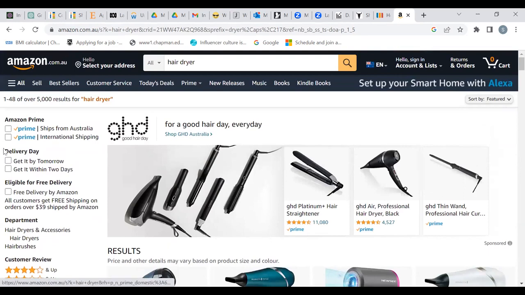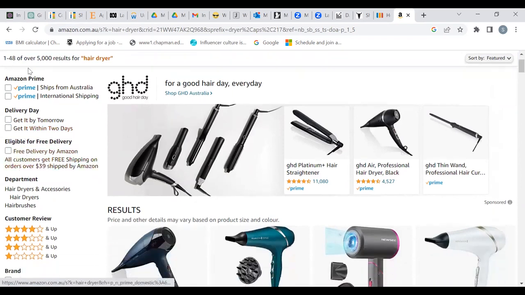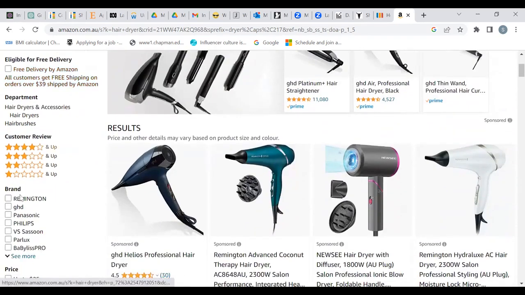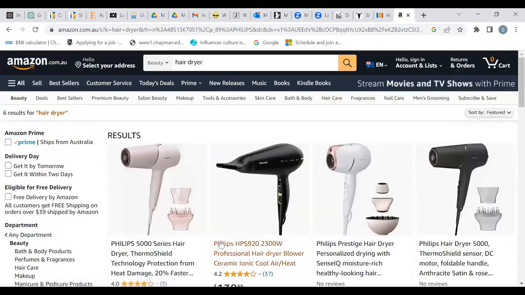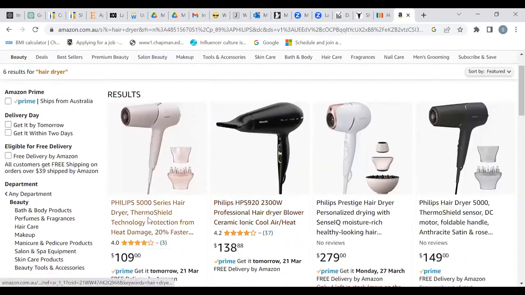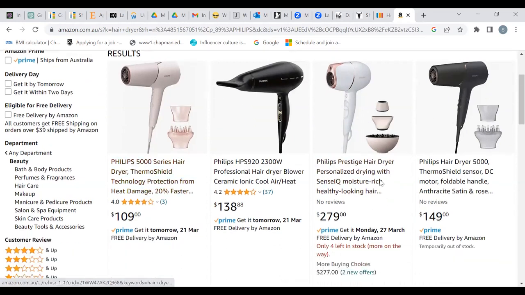I have a lot of options, but see how Amazon is organized. On the left-hand side, you have delivery. These are options which may be of importance to you: department, free delivery, Amazon Prime, customer service, specific brands. So if you're looking for specific brands, you can just simply click here. So let's go on to, let's say, Philips, and I'm still within the website. I'm seeing a lot of items here.